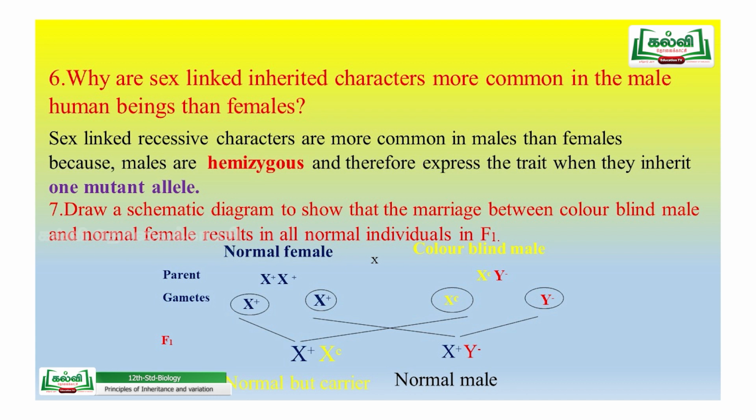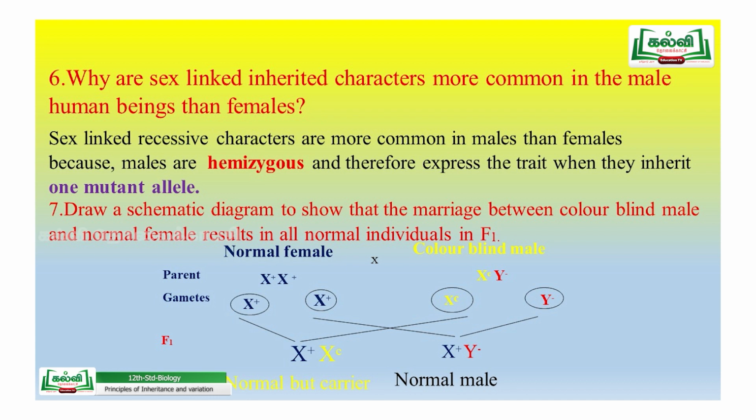When we take the gametes of the parents, the normal female is represented as X+, that is no disorder in them, and X^C is the colorblind gene and Y for the male inheritance.